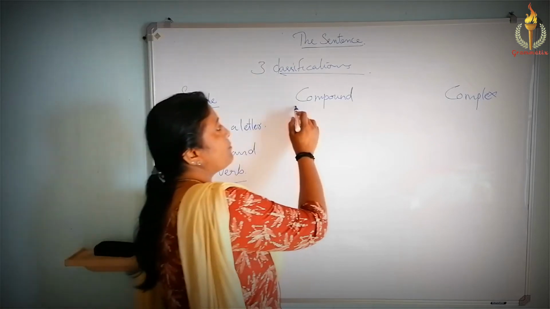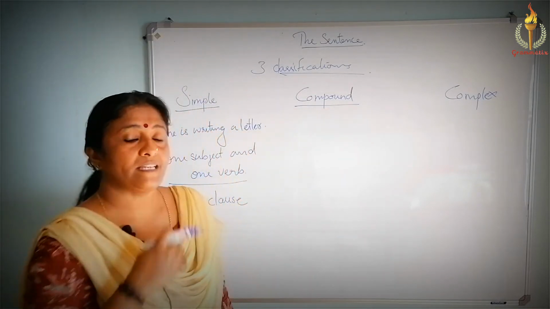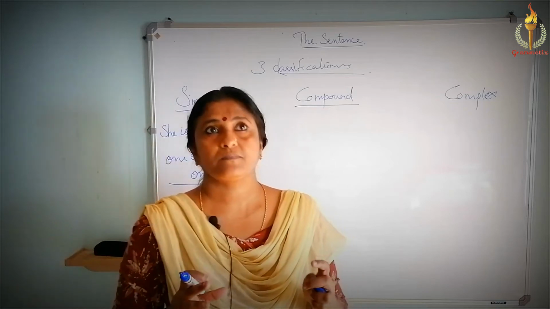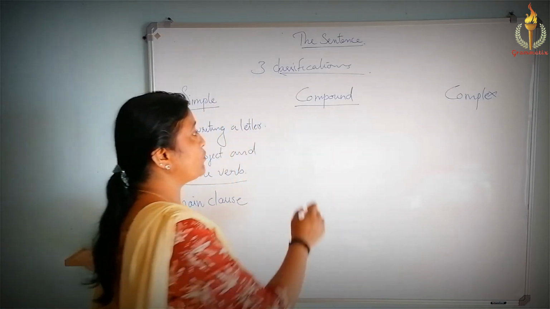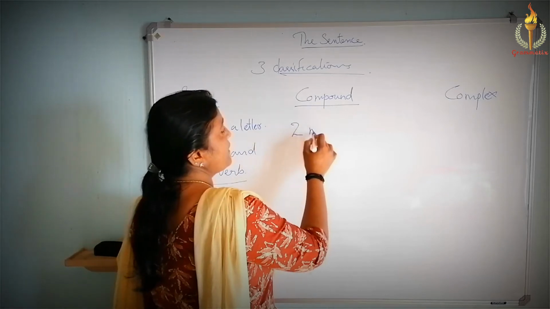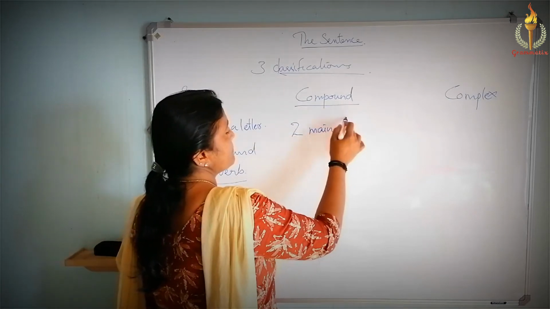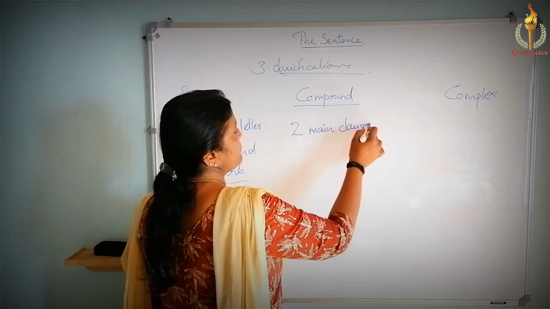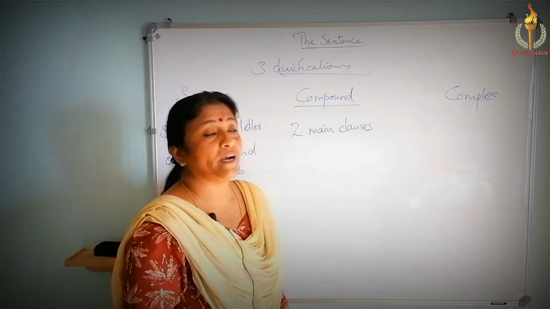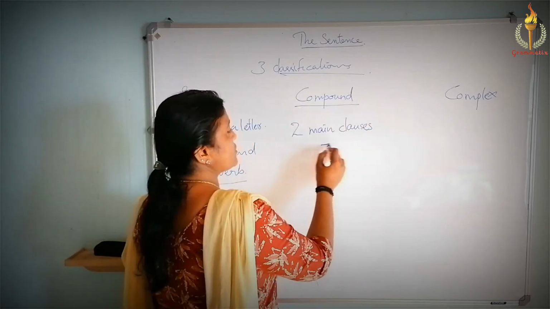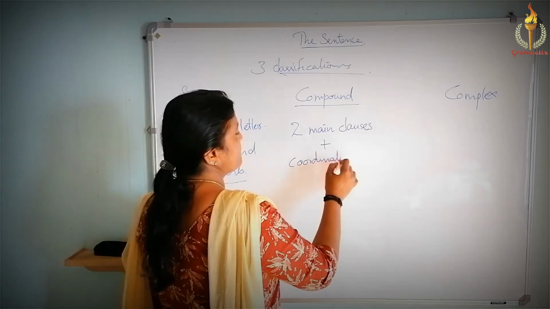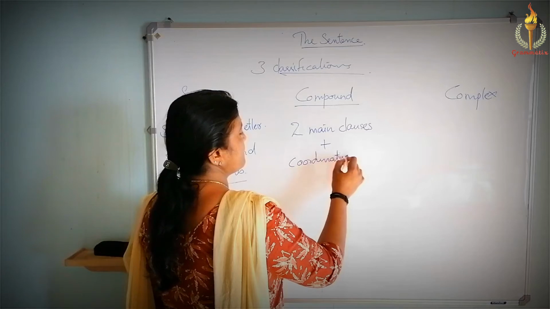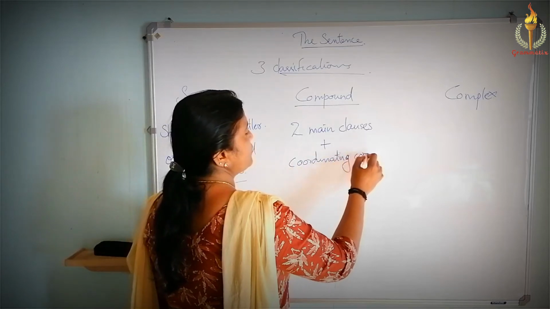Now moving on to a compound sentence. Compound sentence is a sentence having two main clauses. So here you will be having two main clauses and they are joined by a coordinating conjunction, a joining word.